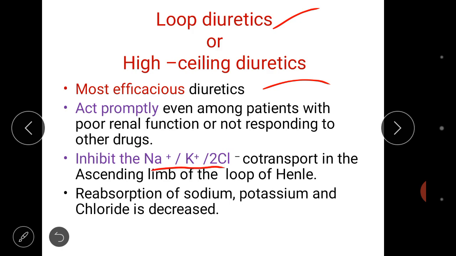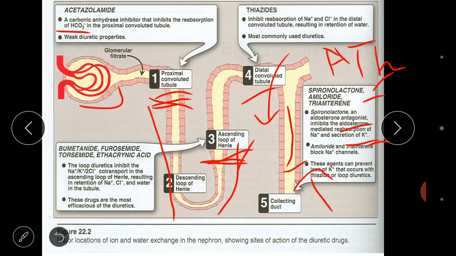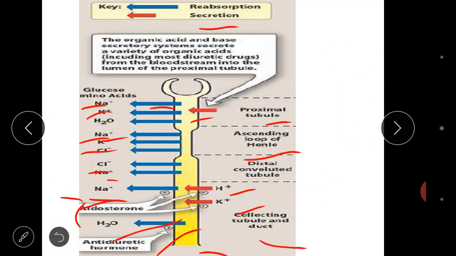They inhibit sodium potassium 2 chloride cotransport in the ascending loop of Henle. I think it's not complicated now. In the ascending loop of Henle, which cotransport is present? Sodium potassium 2 chloride cotransport. These loop diuretics are going to inhibit it, so they inhibit the reabsorption of sodium, potassium and chloride ions. Okay.